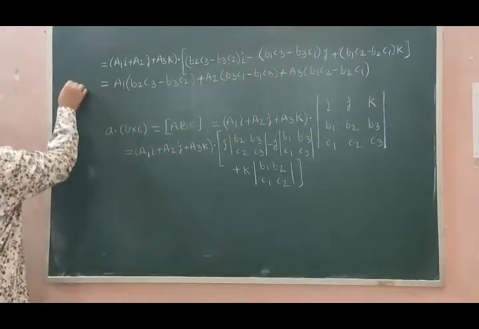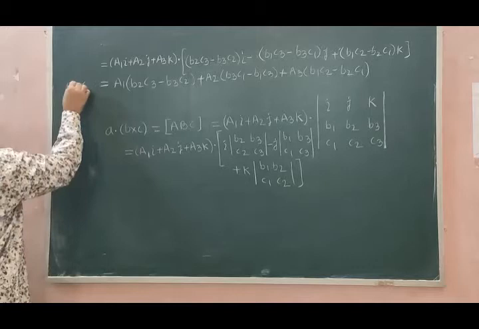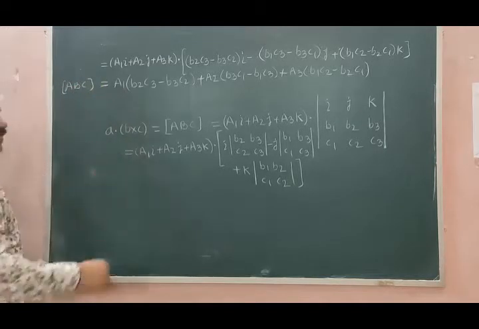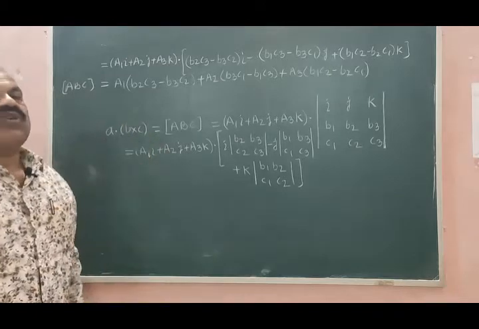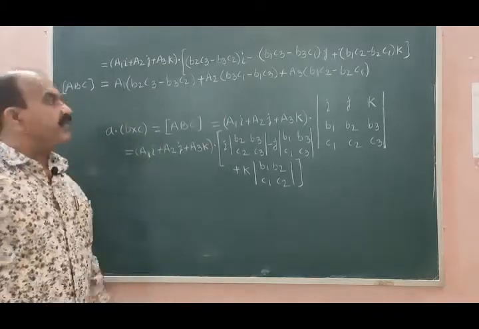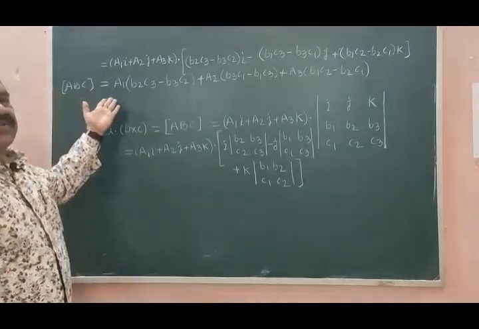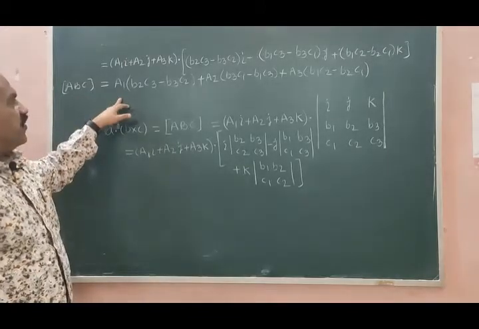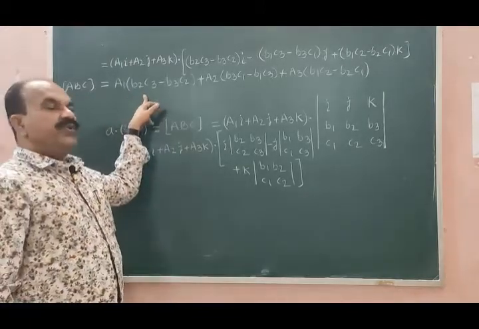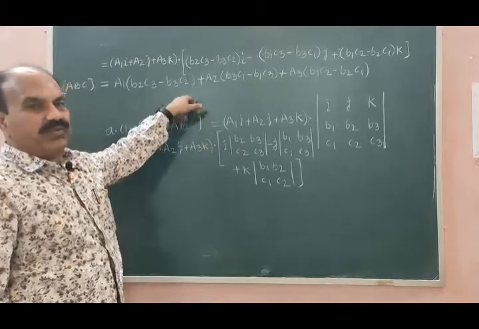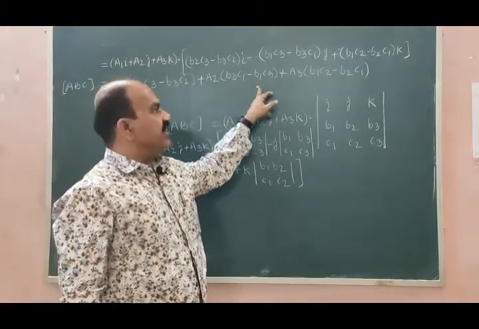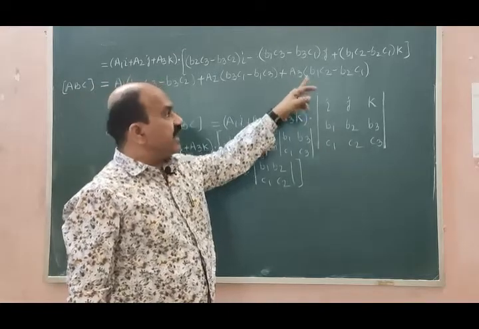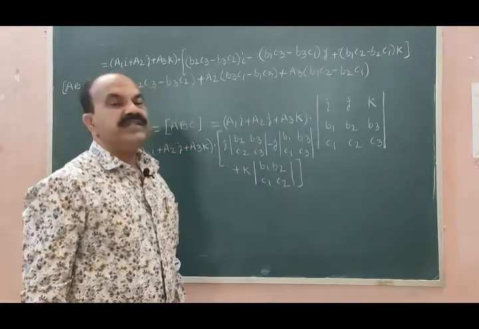So, the box product of the vectors A, B, C, which are concurrent edges of the parallelopiped, is box product A, B, C equal to A1 into in the bracket B2 C3 minus B3 C2, plus A2 into in the bracket B3 C1 minus B1 C3, plus A3 into in the bracket B1 C2 minus B2 C1.